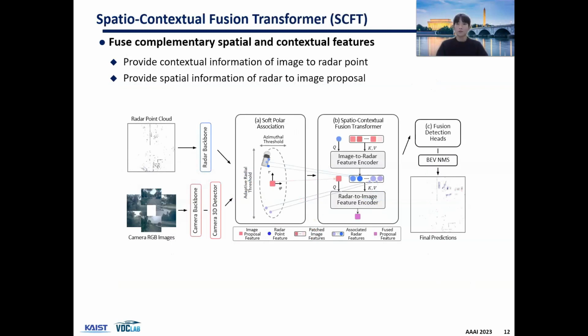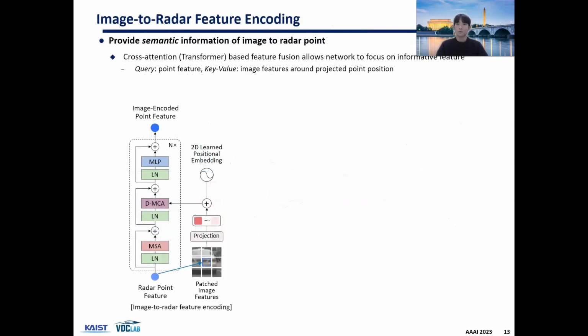The next step is to fuse the information between the image proposal and radar point features using the Spatio-Contextual fusion module. In this module, we first project each single radar point into the image view and gather image features around the projected radar position.